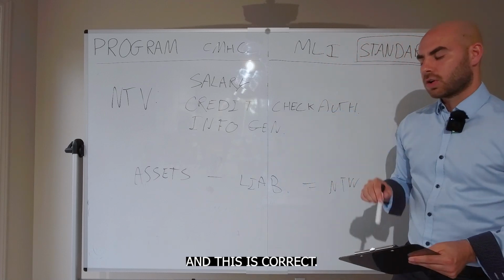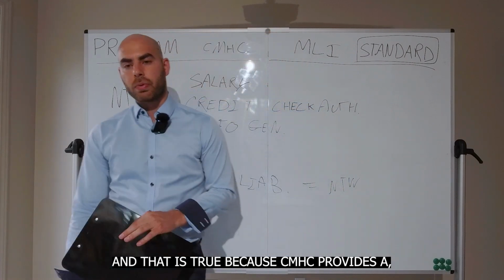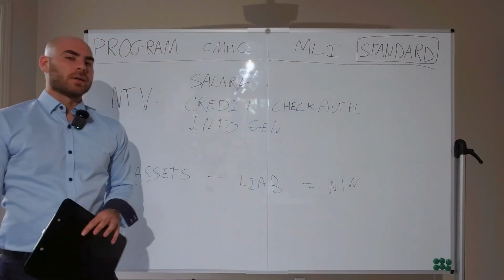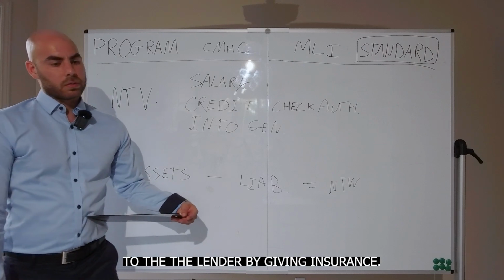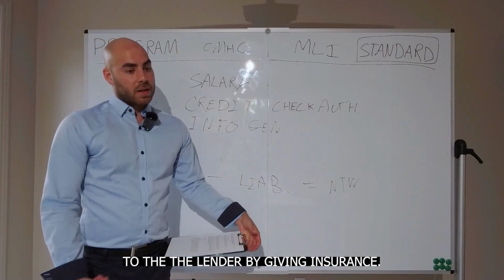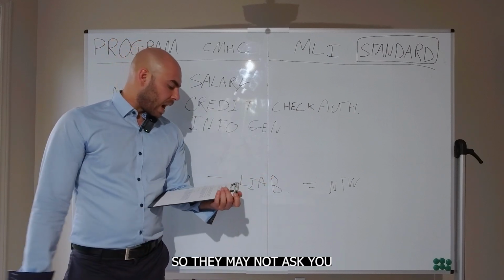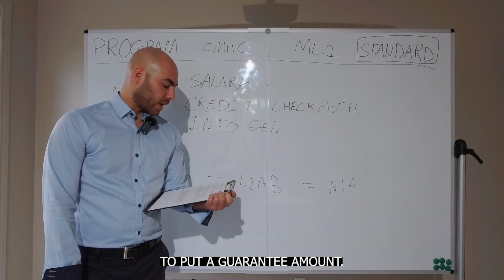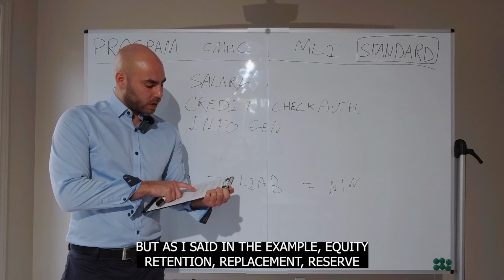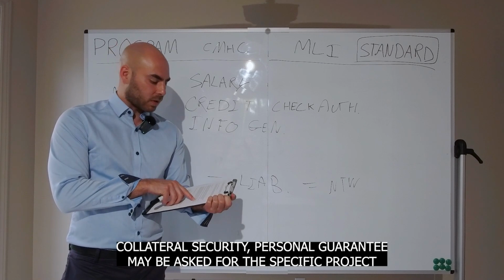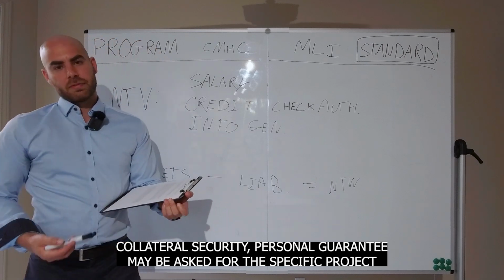And this is correct, and that is true, because CMHC provides a security to the lender by giving insurance, okay? So they may not ask you to put a guarantee amount, but as said in the example, equity retention, replacement reserve, collateral security, personal guarantee may be asked for the specific project.